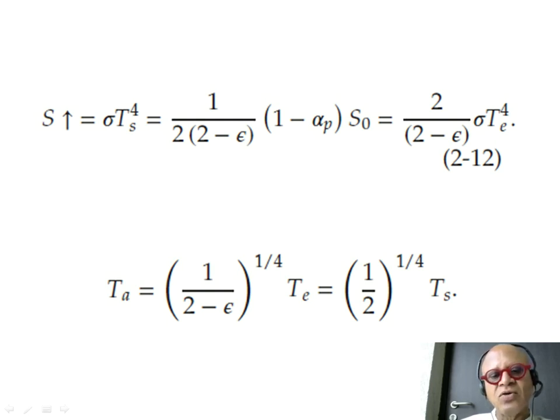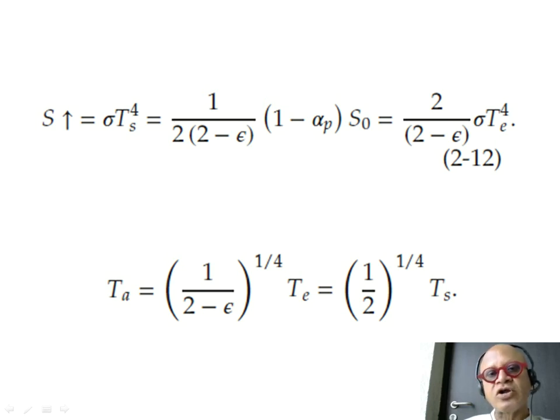So Ta is now related to Te with this relation, and again, if the atmosphere is completely opaque to S, then you will get 1/2 of Te as atmospheric temperature. So epsilon is 0 if completely transparent, and if it's completely opaque, this becomes 1, so then Ta becomes Te. Okay, so atmospheric temperature is now 1/2 to the 1/4 of Ts, because it is allowing some of the energy to be lost, right?